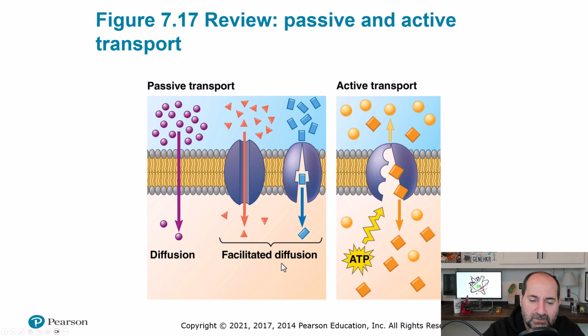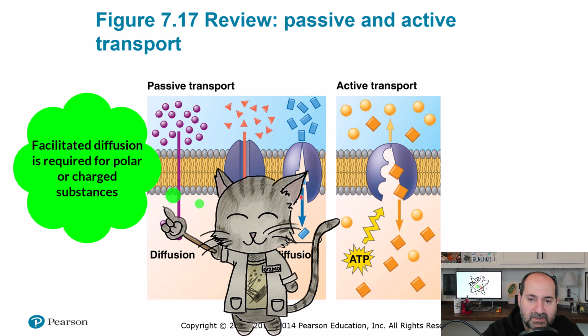Facilitated diffusion, again, we need to know that for facilitated diffusion, we require a transport protein such as a channel or a carrier. For facilitated diffusion, this is still an example of passive transport because substances are diffusing across the membrane.